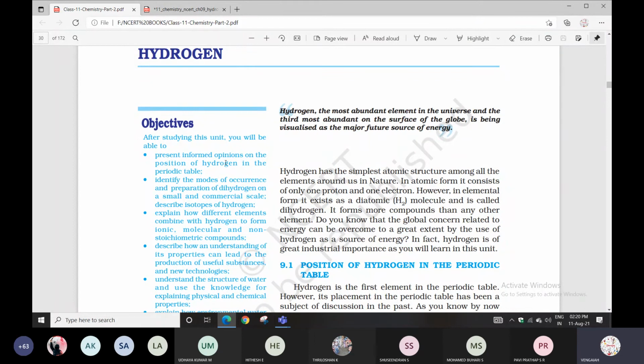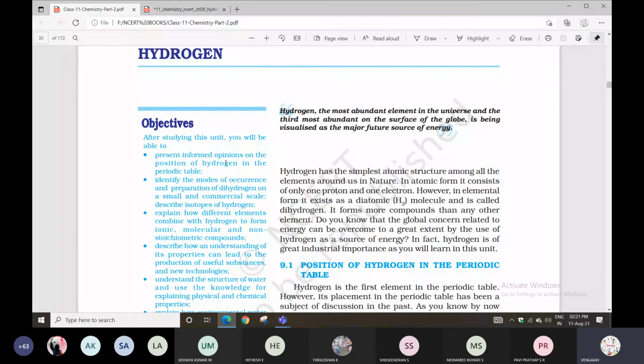Present informed opinions on the position of hydrogen in the periodic table. They explained the position of hydrogen: it resembles alkali metals and alkaline earth metals. Similarities and dissimilarities are also given.